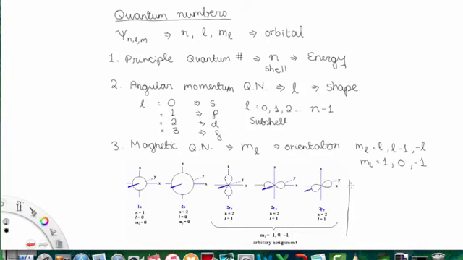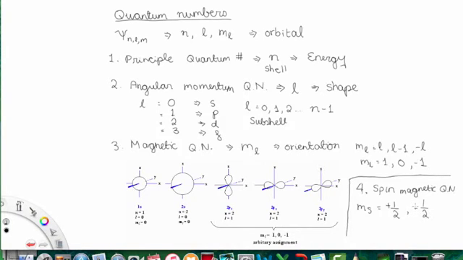Finally, if I can fit it in a little box right here, we have a fourth thing. Since electrons can be spin up or spin down, we need a fourth quantum number called the spin magnetic quantum number. And so this is given the symbol ms, and this is always plus 1/2, which is spin up, or it is minus 1/2, which is spin down.